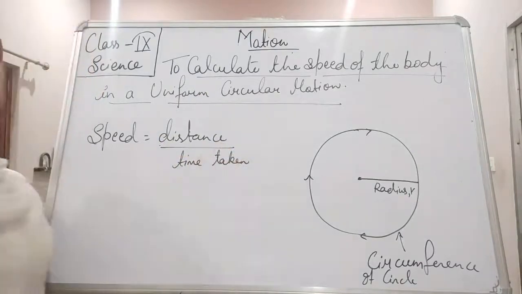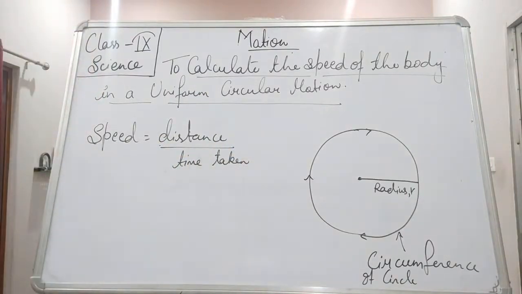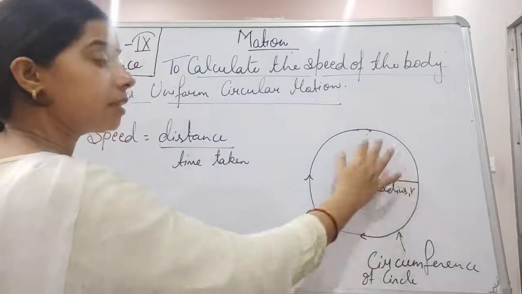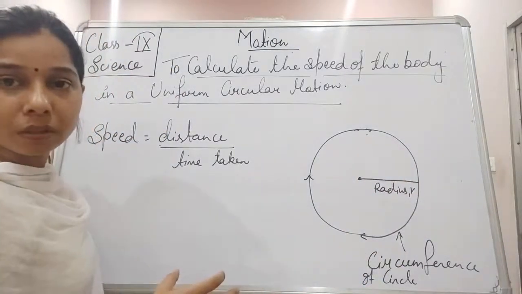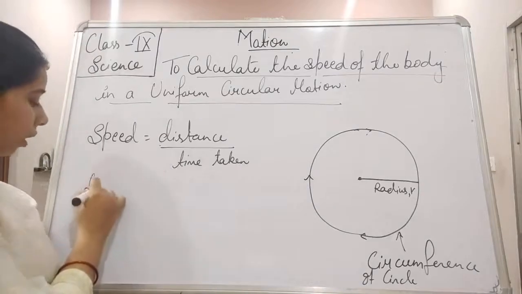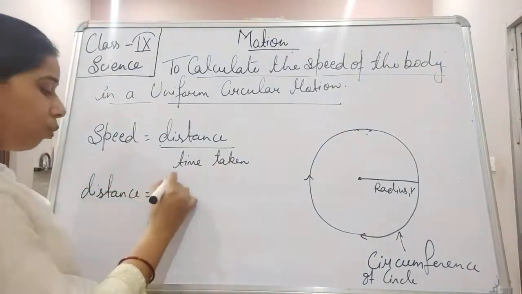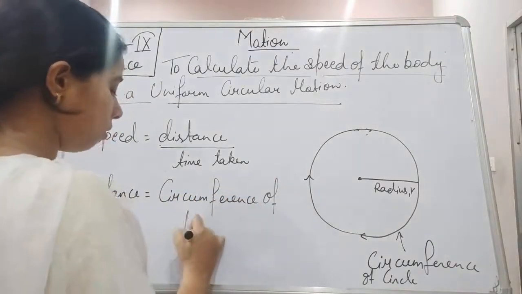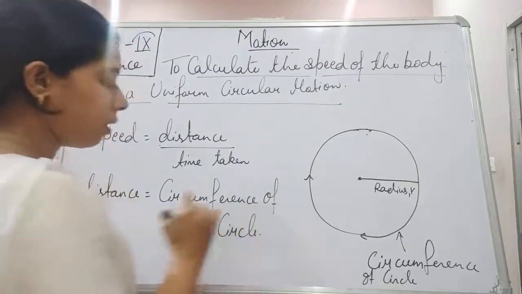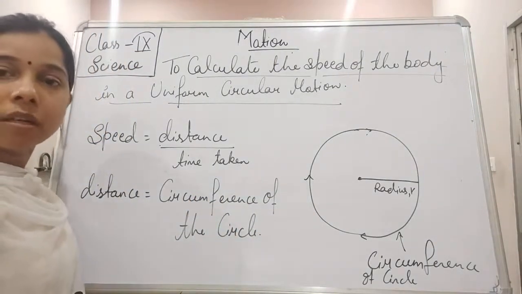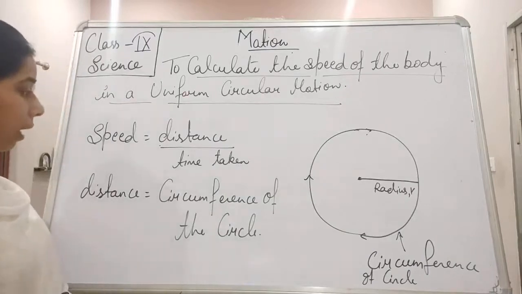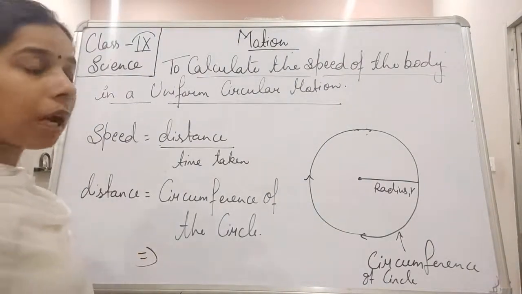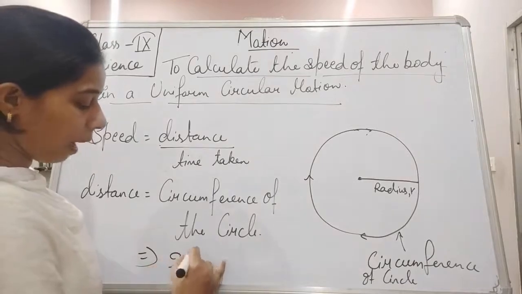Now here the object is moving like this, students, so it is covering the circumference of the circle. So the distance will be equal to the circumference of the circle. We know that the circumference of a circle is equal to 2 pi r.